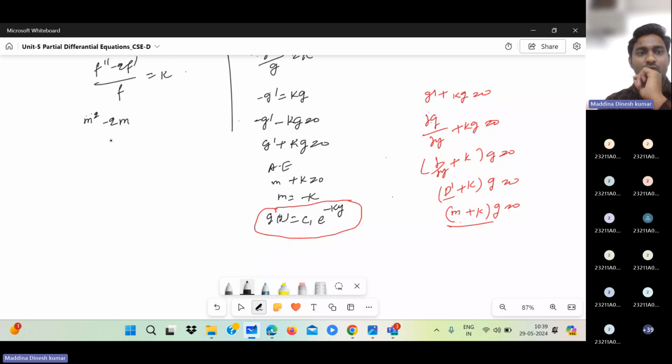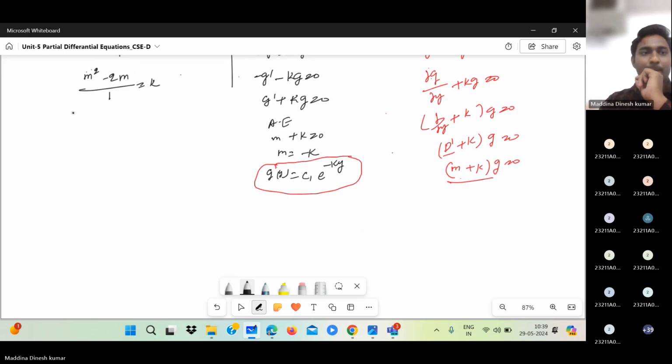By f means 1, equal to k. It's reflecting slowly, that's why I need to wait. Then from this equation we will get m square minus 2m minus k equal to 0.